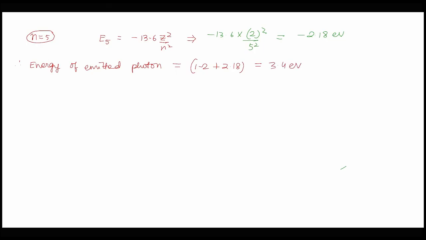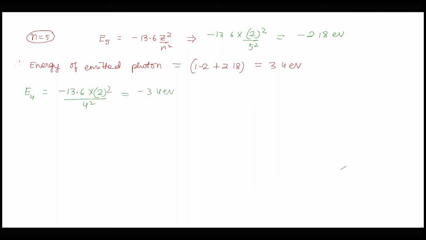Now we are looking at the possibilities that can take place after the recombination reaction. After the recombination reaction, the electron may undergo transition from a higher level to a lower level, thereby emitting photons. So we are calculating energy corresponding to n equal to 4, n equal to 3 and n equal to 2. E4 is equal to minus 13.6 into 2 square by 4 square, which is minus 3.4 electron volt.